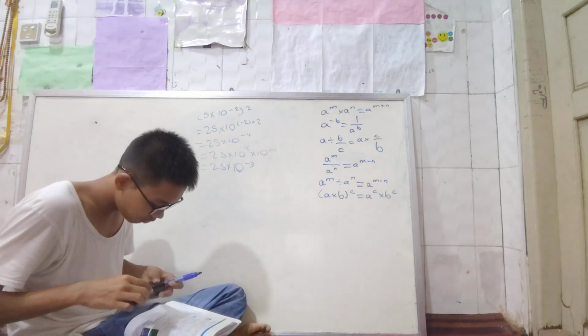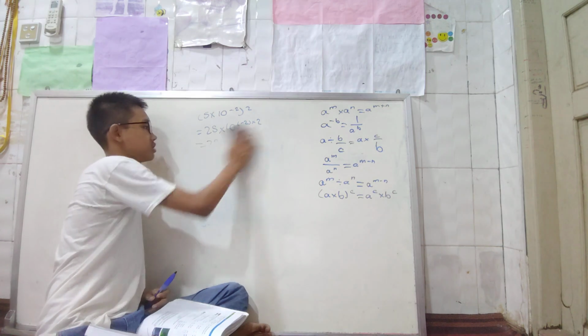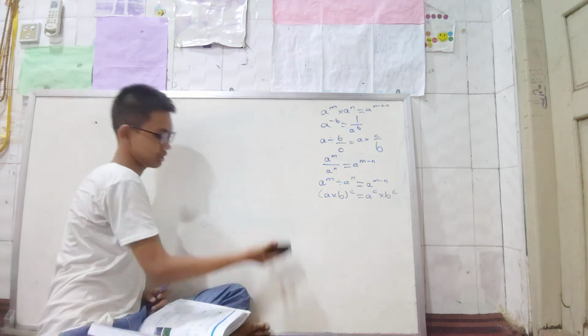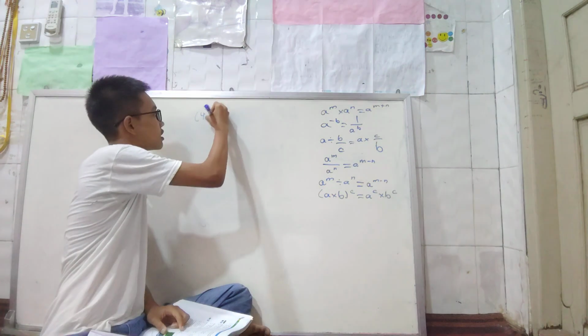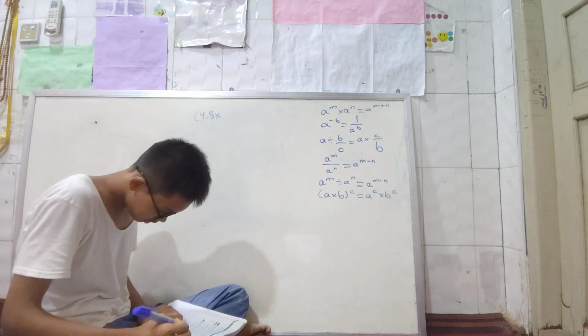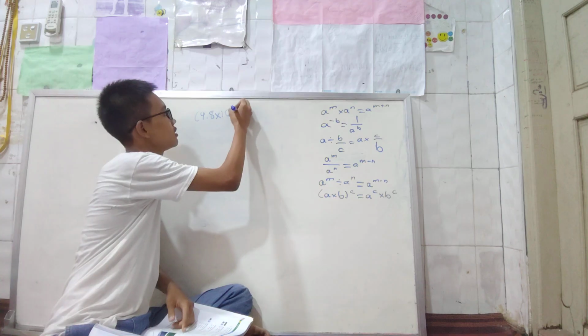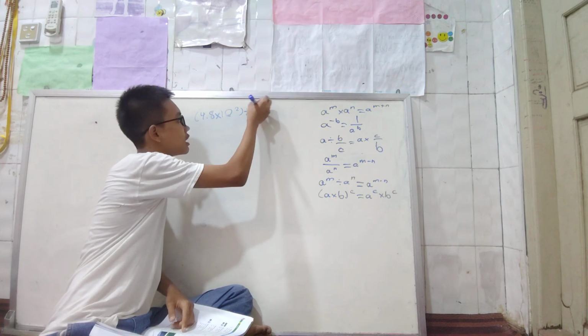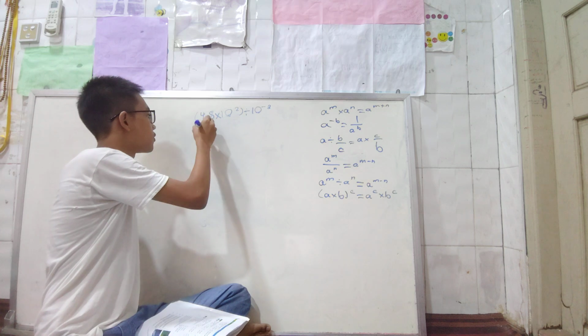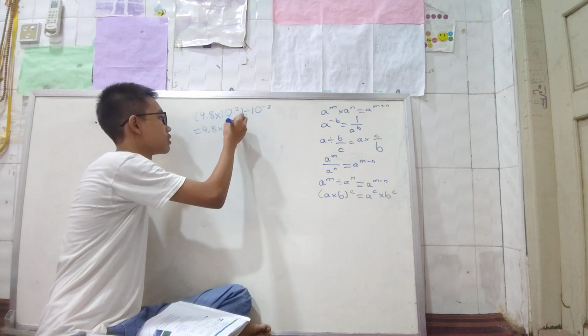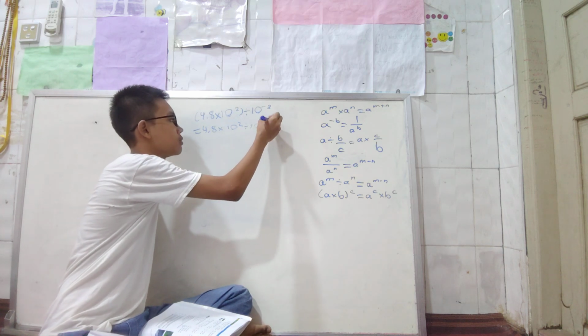So number 23. Number 23 is a little bit more difficult, I think. So 4.8 times 10 to the power of 2 divided by 10 to the power of minus 3. That's going to be 4.8 times 10 to the power of 2 divided by 10 to the power of minus 3.